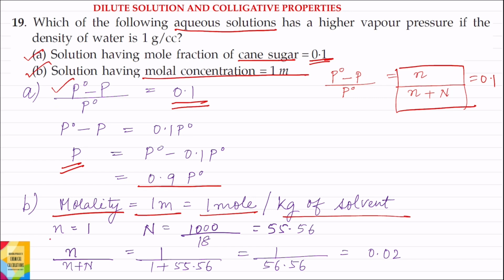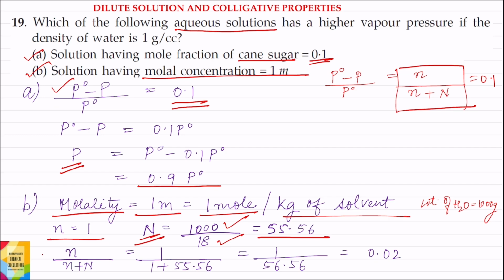Means moles of solute is 1 and the weight of solvent is 1 kg. So weight of solvent in grams will be 1000 gram. And here the solvent is water. So weight of water is equal to 1000 gram. Therefore, moles of water will be equal to weight of water divided by molecular weight of water, and this is equal to 55.56 moles.